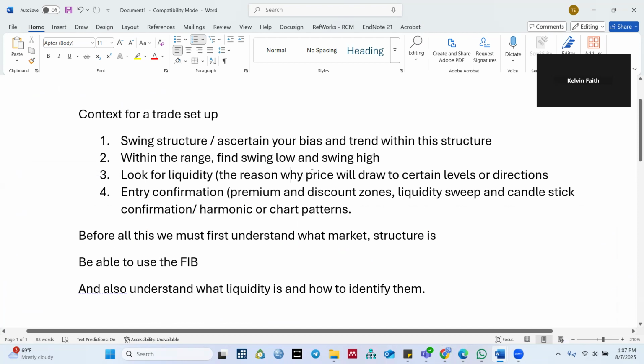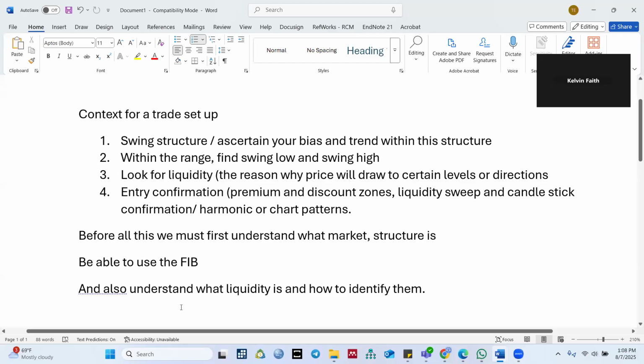And then we will look for liquidity, the reasons why price will draw to certain directions, and then we will find our entry confirmation, sometimes with the help of discount and premium zones and liquidity sweeps and also other confirmations that we can get.